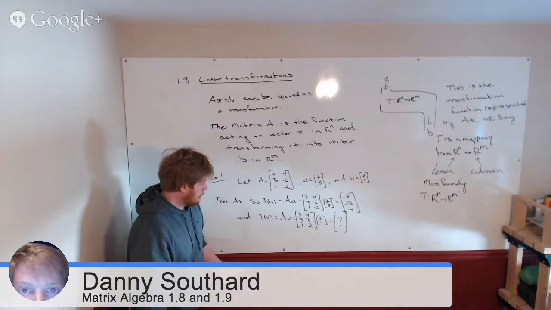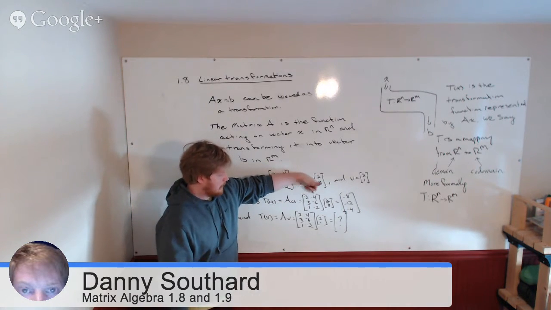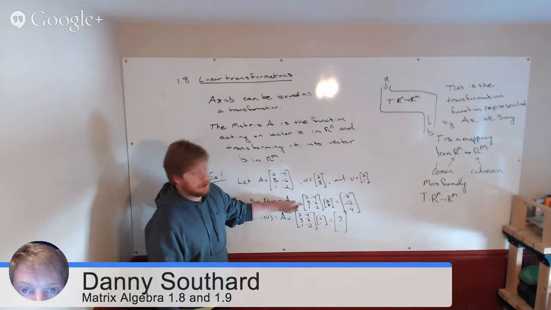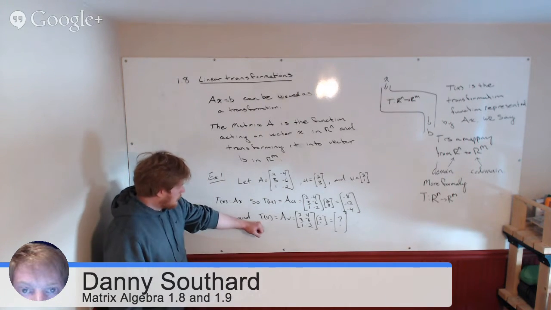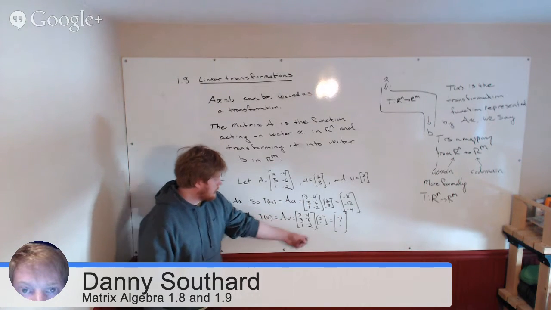Notice that where I'm coming from is represented by the columns of matrix A, and where I'm going to is represented by the rows in matrix A. So where does T of v go? T of v is going to be the matrix A times v.